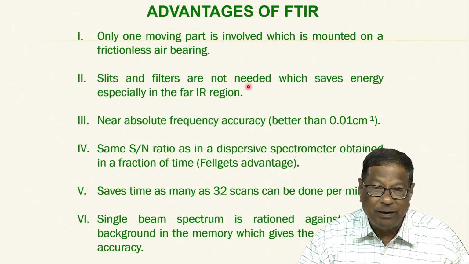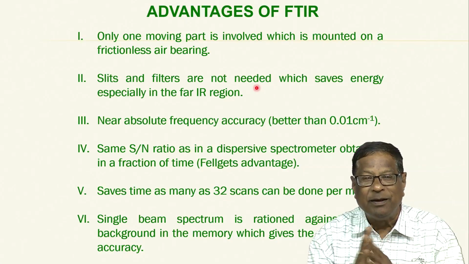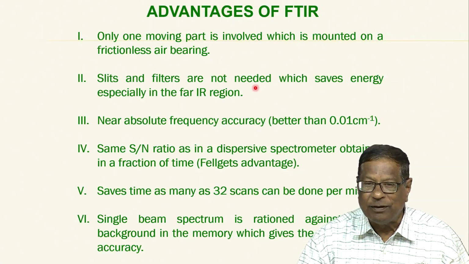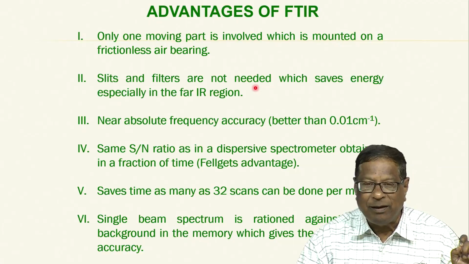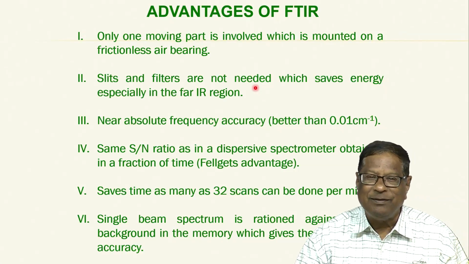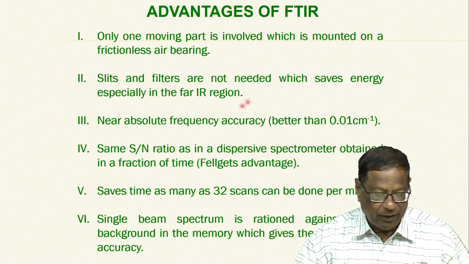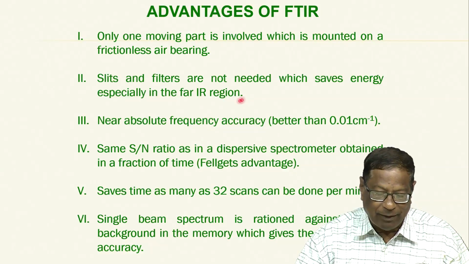Now, what does it mean? That means no energy is lost, the quality of the spectrum is not lost, because the light intensity falling on the sample and on the detector is essentially the same throughout the wavelength range. Okay. That is the second advantage.